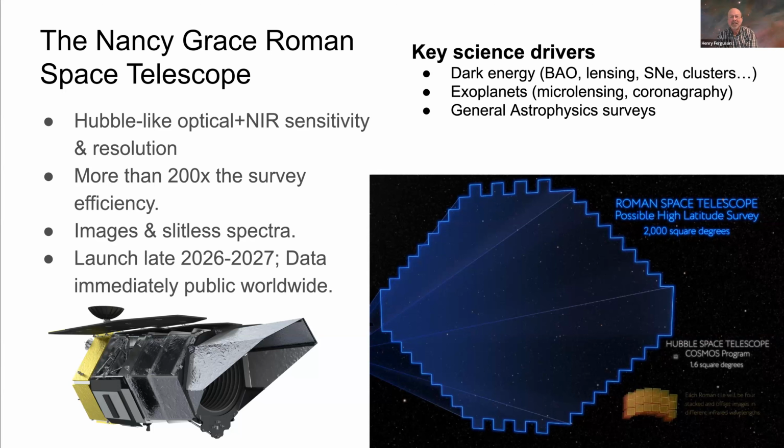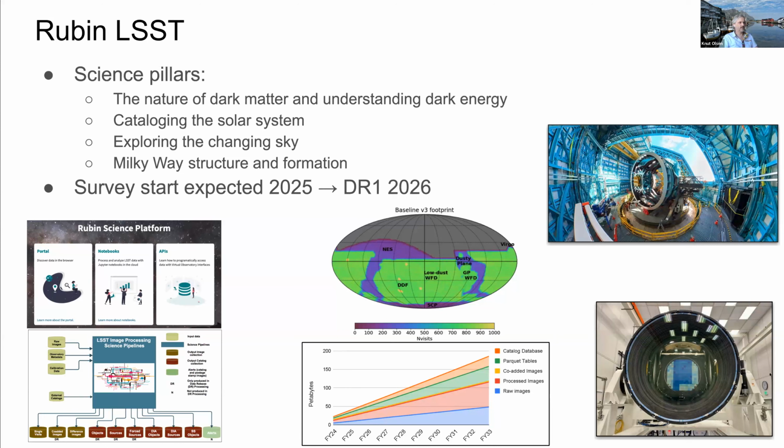This project is now a couple of decades in the making, built on science pillars which bear some resemblance to those of Roman: the nature of dark matter and understanding dark energy, cataloging the solar system, exploring the changing sky, and the Milky Way structure and formation.